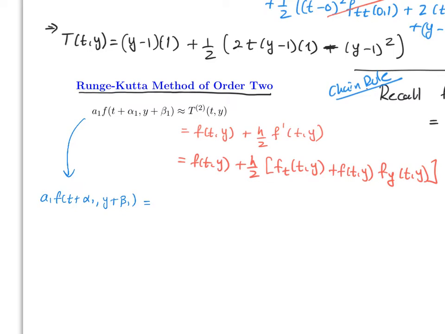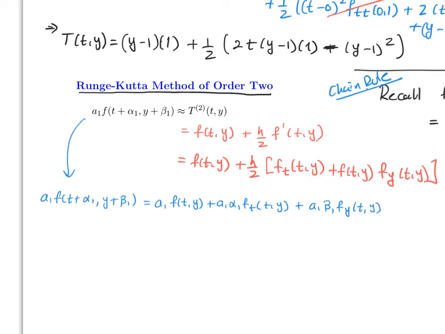If we follow the same formula that we did in the last illustration, this should equal a1 f(t, y) plus a1 alpha 1 partial of f with respect to t plus a1 beta 1 partial of f with respect to y.